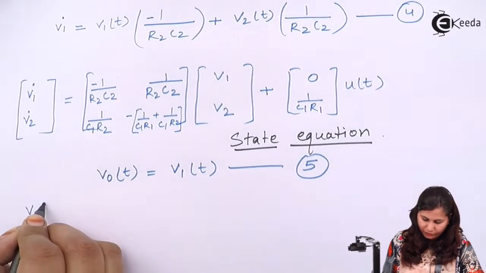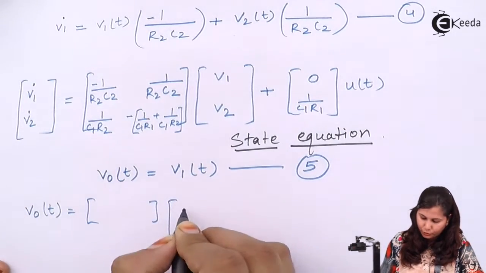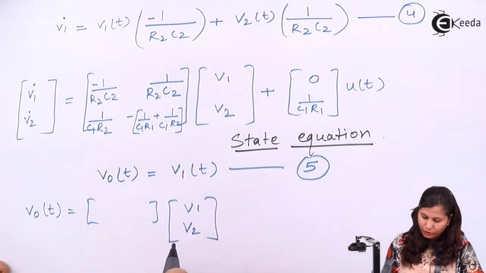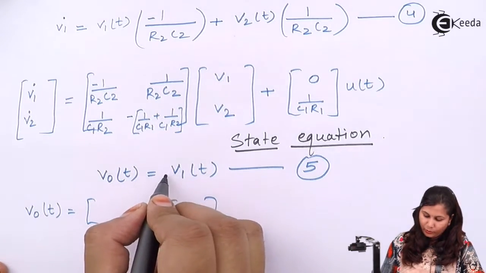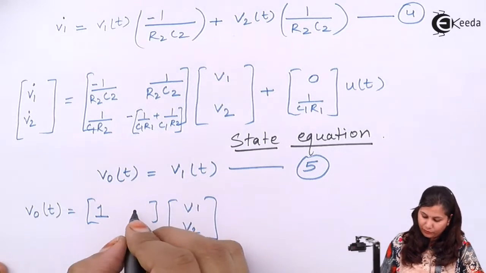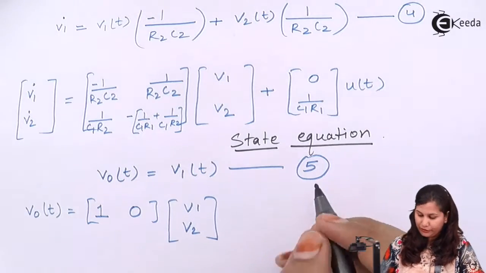So output is V0(t). The two state variables are V1 and V2. So V1's coefficient is 1, so we will write 1 here, and V2 is not present, so we will write 0 here. So this is our output equation.